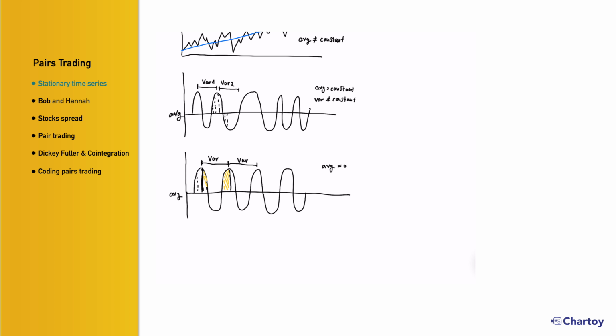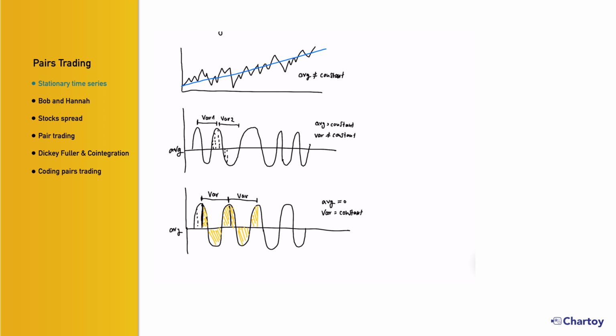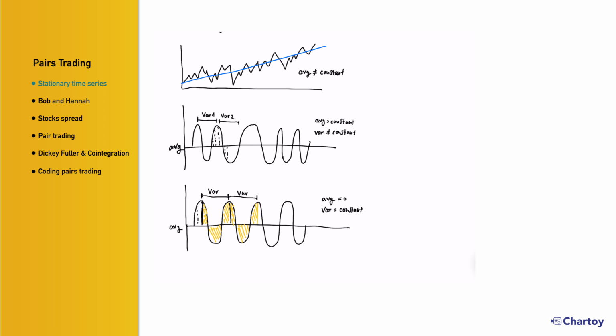Because the distances from the curve in the first variance and the variance here are going to be the same, right? We have one full cycle on the bottom and 2 halves on the top. So wherever you measure the variance, we're going to get a constant variance, whatever period we choose.